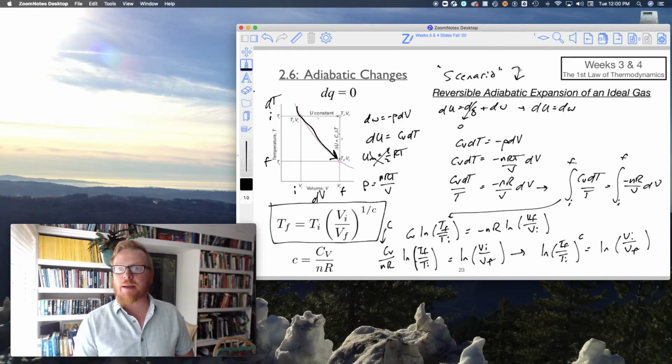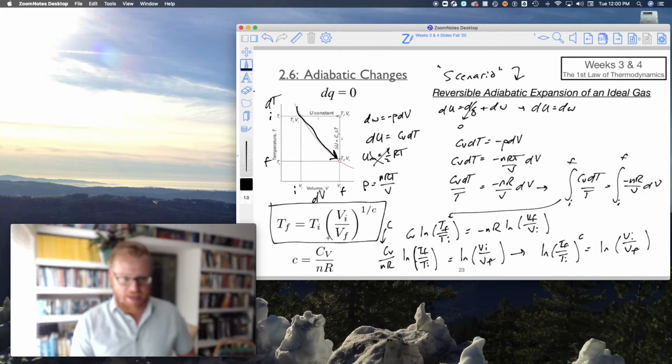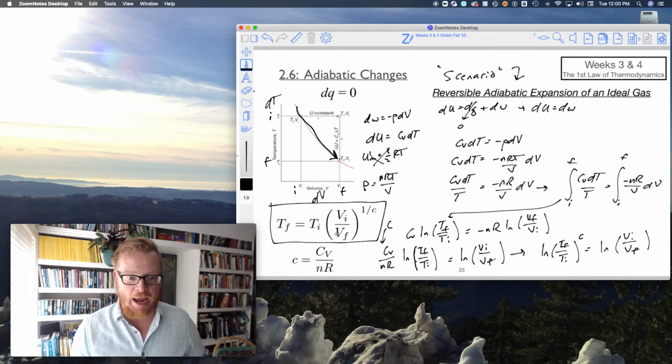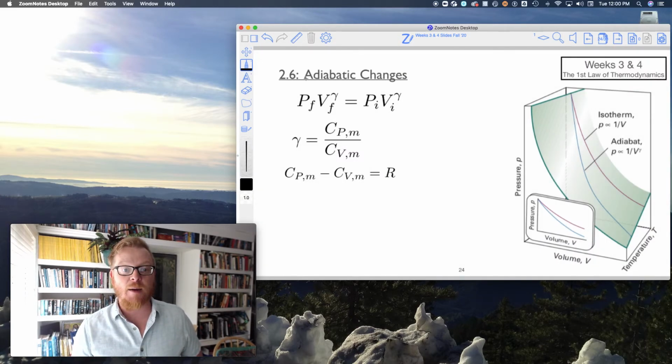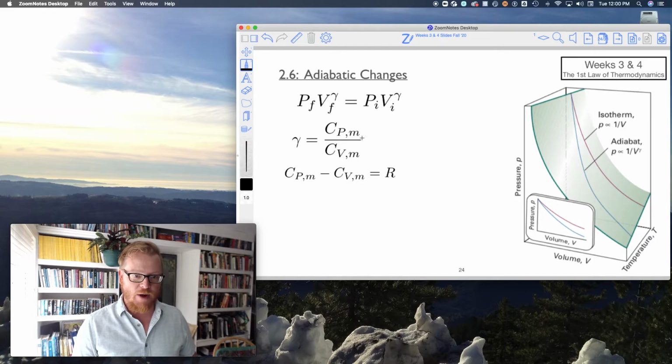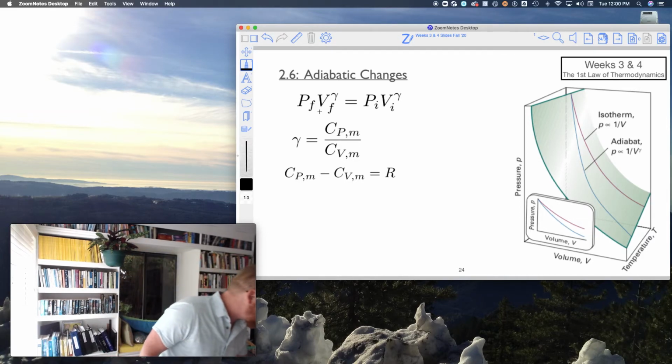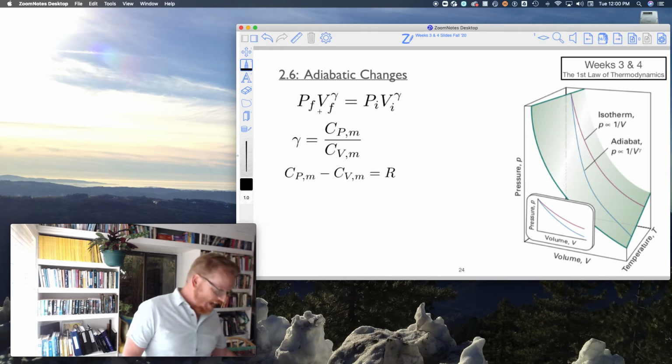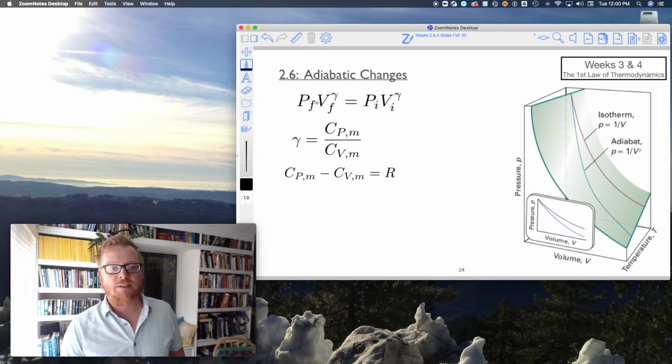Okay? So the same relationship that I'm talking about right here can be written in another way. Keep note of how this goes. Tf equals Ti. If I multiply the constant through and set this up in kind of a Boyle's law or a Charles's law way, you can write this as, so I wrote that as P f and V f, but I think V and T is what I meant to write.